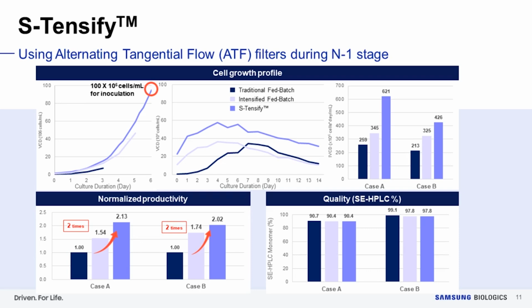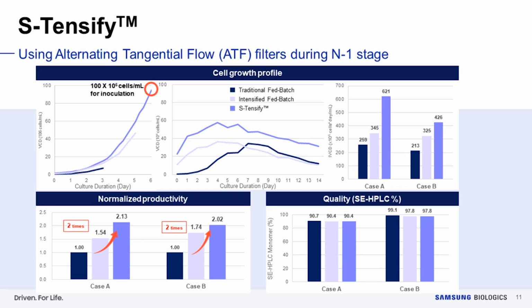By applying this N-1 perfusion step, we can increase cell density in the N-1 stage up to 100 million cells per milliliter. This high-density inoculum is then transferred to the main culture at concentrations significantly higher than those possible with traditional fed batch processes. This approach effectively bypasses the exponential phase, maximizing productivity from the start and reducing the overall production time.